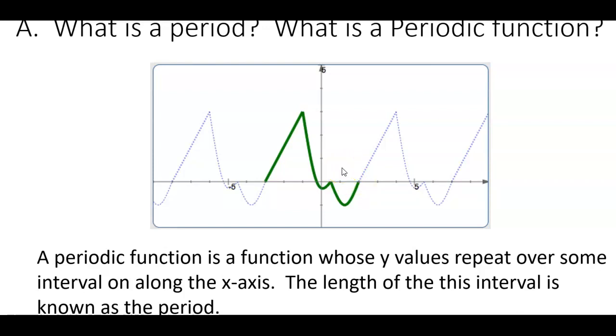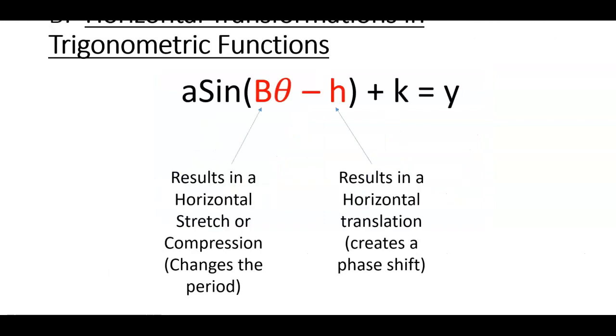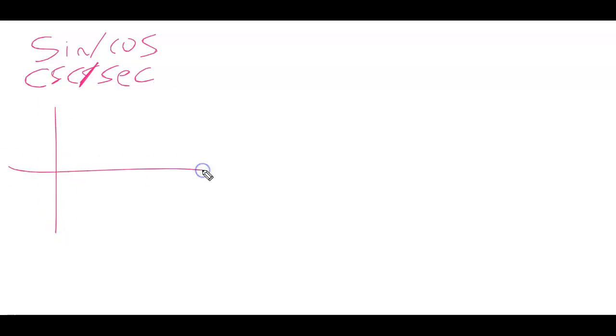Now, usually with trigonometric functions, we've talked about two types here. Now, for the sine wave and cosine wave, as well as the cosecant wave and the secant wave, all of those have the same period. All four of those, when we graphed them, they always started at 0 and they ended at 360. So, just to graph a sine wave really quick, it looked like this.